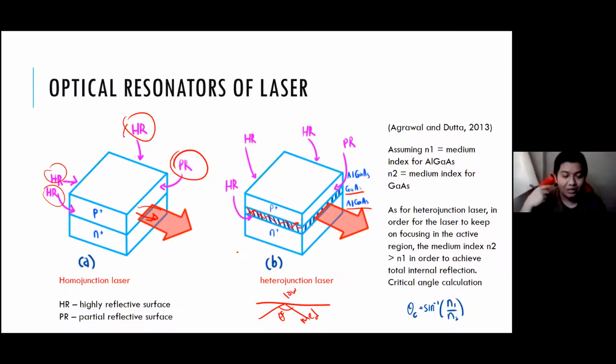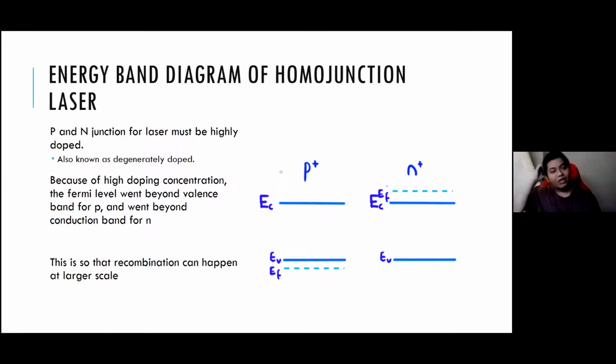And that is the difference between the homojunction laser and the heterojunction laser, and that's how the optical resonators function. And then we go to the energy band diagram of the homojunction laser.